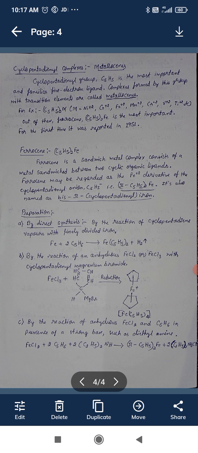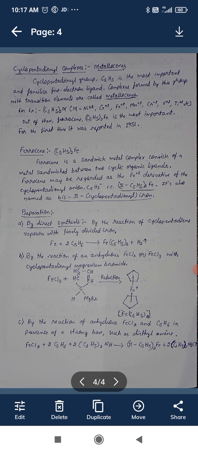You should be very much aware of this metallocene. Sandwich means in the middle there is a metal, and above and below there are two cyclopentadienyl C5H5 groups.